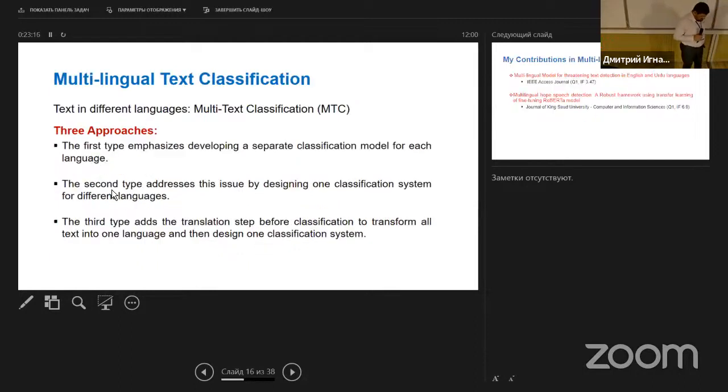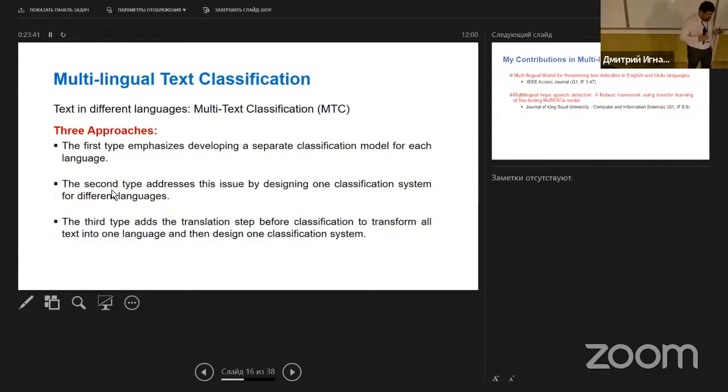Okay, then let me introduce you to multilingual text classification. That is a special case of cross-lingual learning. Up to now, before this slide, we discussed the four methodologies of cross-lingual learning. Multilingual text classification is also a special case of cross-lingual learning methodology, but there are some differences.